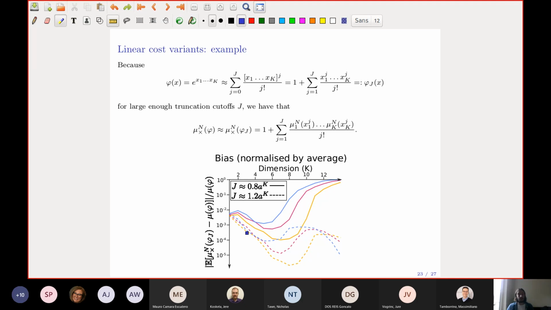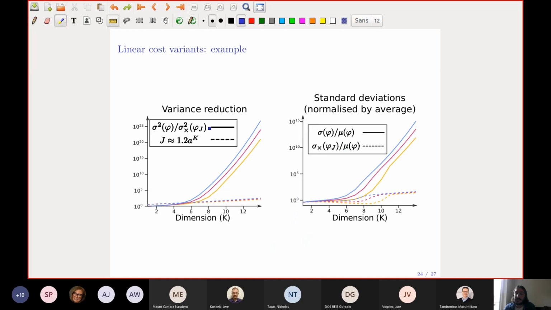Now, this doesn't bode super well, because it seems to imply that we're going to have to grow this truncation cutoff exponentially with dimension, and that is going to increase our cost exponentially, right? But this was a hard problem, so whatever we did was probably going to have difficulties at some point. But it's actually not that bad if you compare with the types of variance reductions that you can get. So this is the ratio of the asymptotic variance of the IID estimator and the product form one applied to phi j.